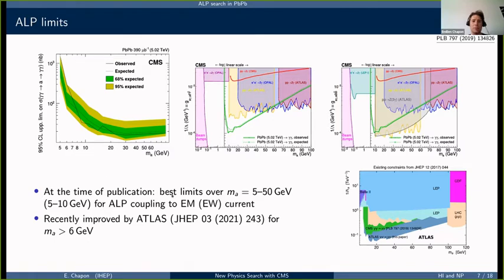At the time of publication, these were the best limits from 5 to 50 GeV for a coupling of the ALP only to the electromagnetic current. If we allow a coupling to the electroweak current, then these are the best limits between 5 and 10 GeV. This was recently improved by ATLAS, though we still have the best limits in CMS between 5 and 6 GeV, but above this, ATLAS has a lot more data, so they get better limits on ALPs.